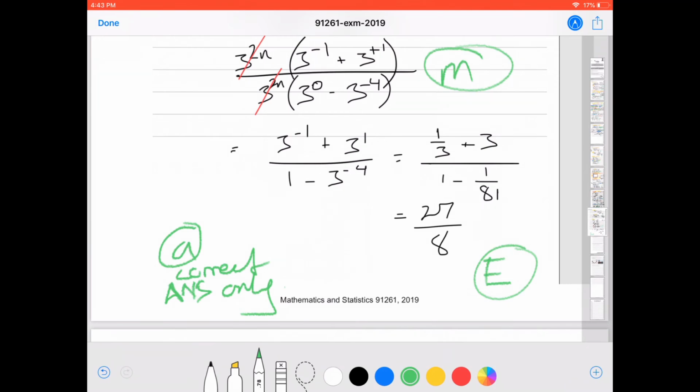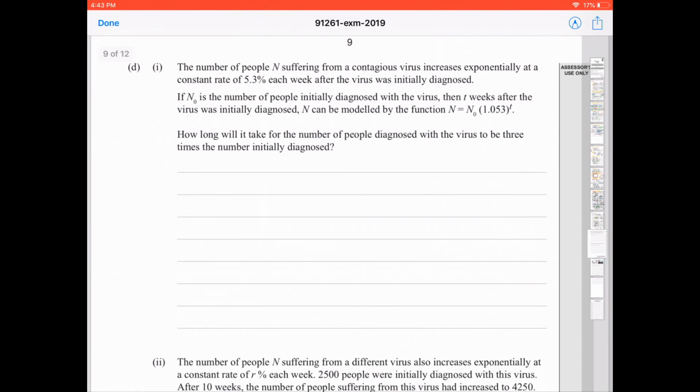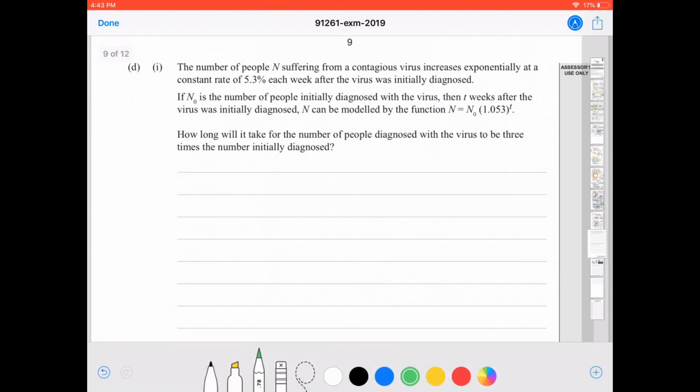Okay. So let's move on now to question 3DI. It says the number of people suffering from a contagious virus increases exponentially at a constant rate of 5.3% each week after the virus was initially diagnosed.